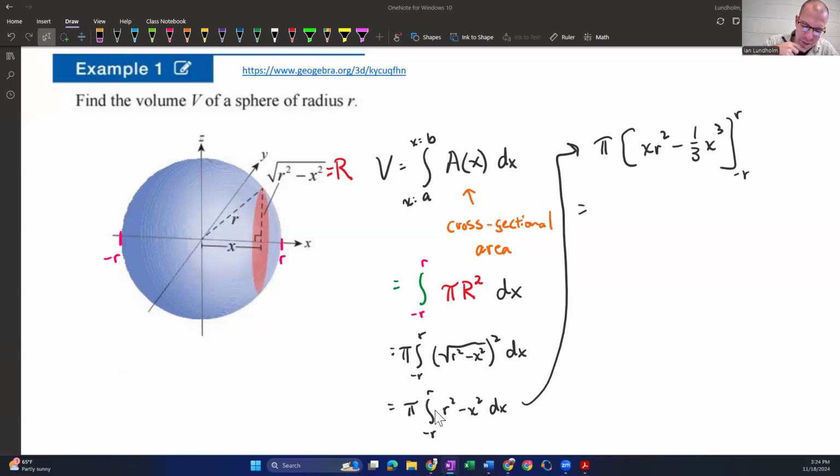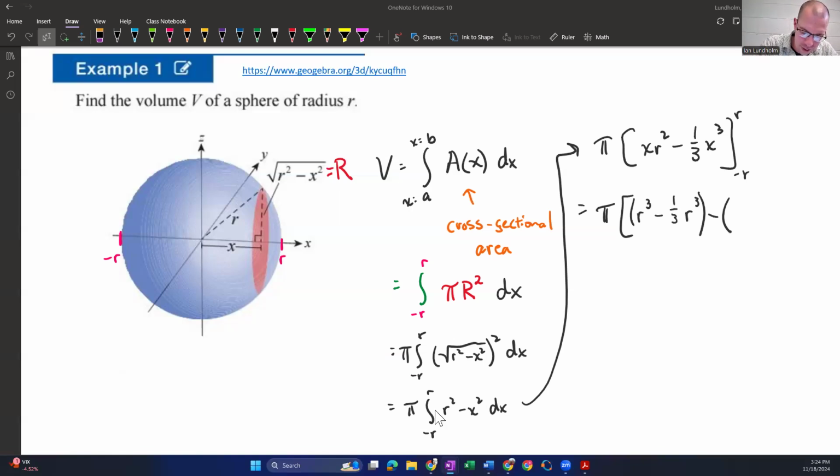Okay, so let's go ahead and substitute in r's where we see them. We've got pi. Here we've got r cubed minus 1/3 r cubed for the first thing that we plug in. And then we're subtracting and we're putting in negative r.